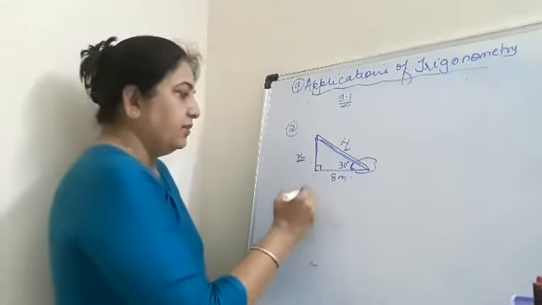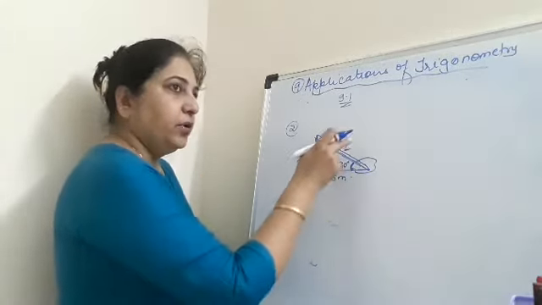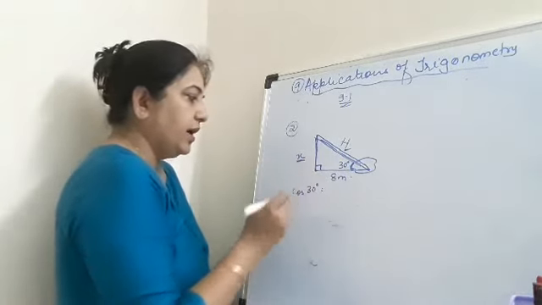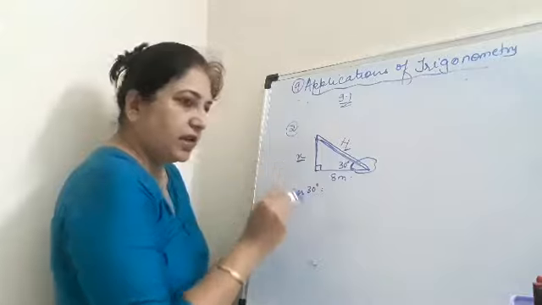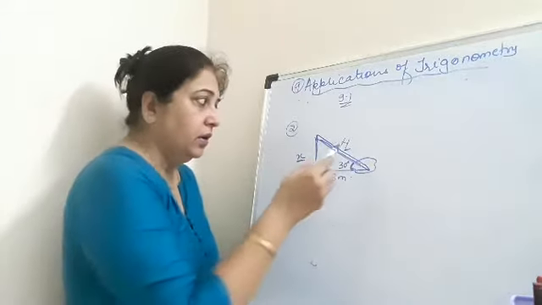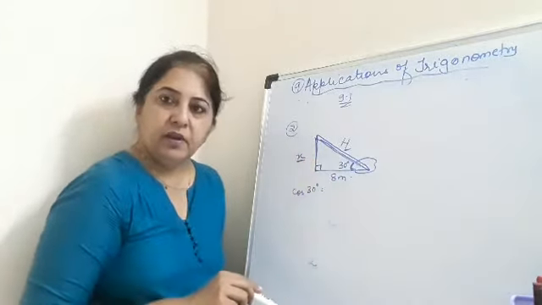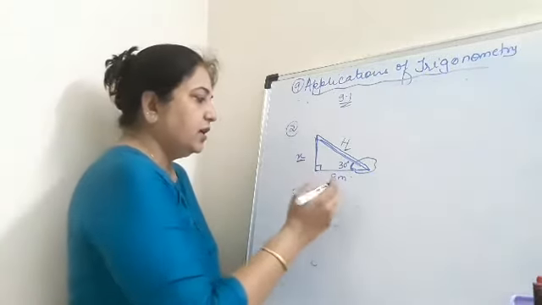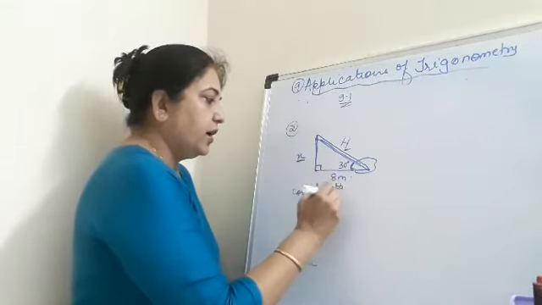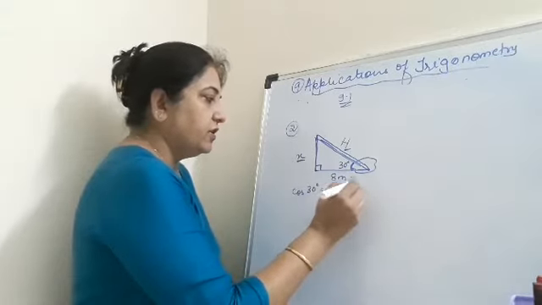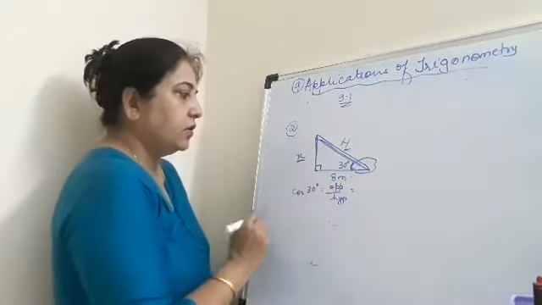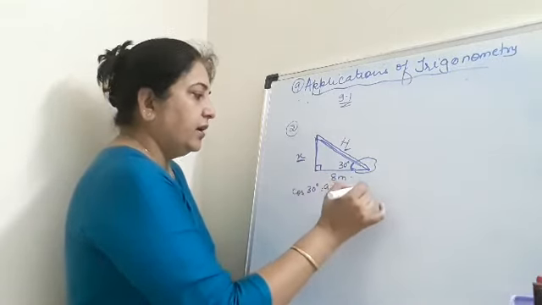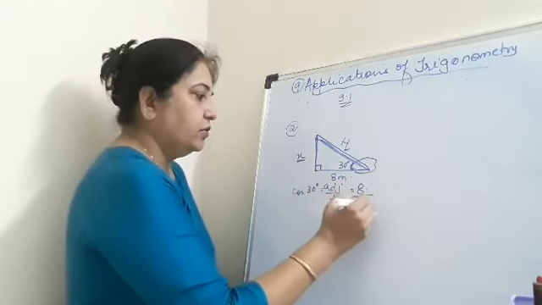So I will take adjacent upon hypotenuse, which gives me cos of 30 degrees. As I told you, whether it is cos, sine or tan depends on which two quantities are given and which is the unknown quantity. So cos 30 is adjacent upon hypotenuse, 8 upon h, where hypotenuse is not known.